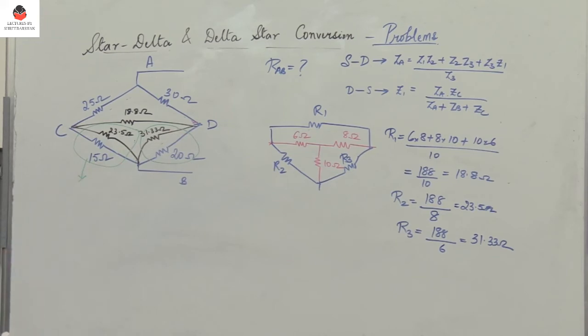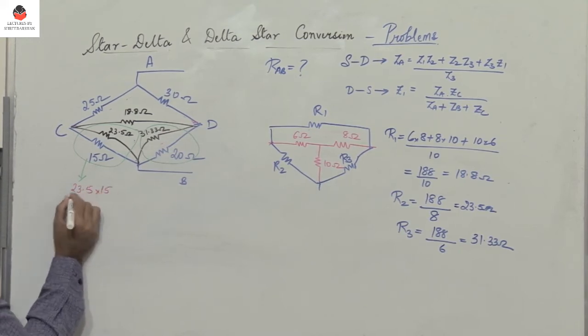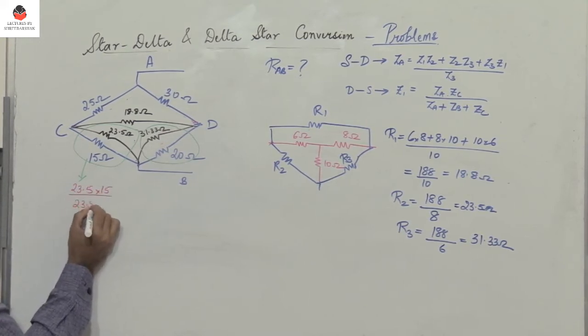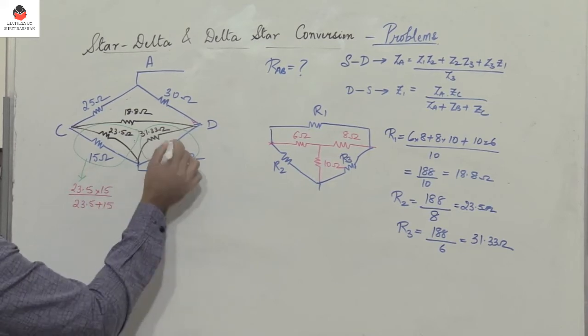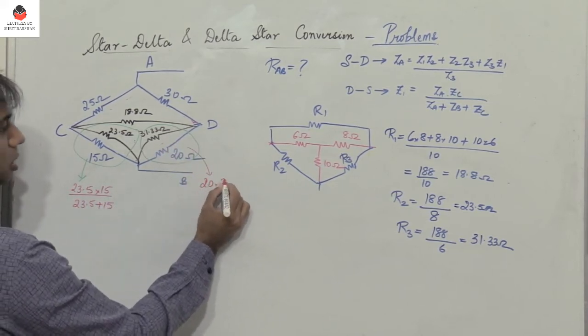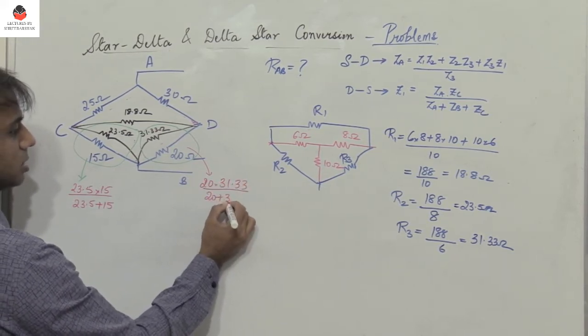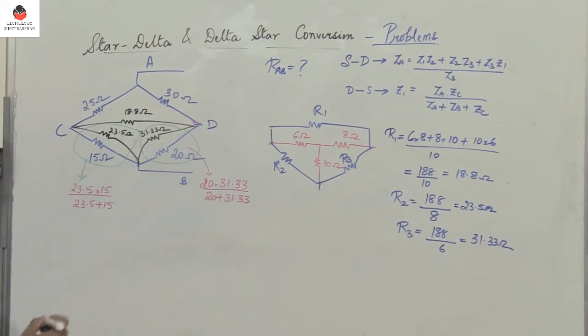So what is the parallel resistance here? The parallel resistance is 23.5 into 15 divided by 23.5 plus 15, and the parallel resistance here is 20 into 31.33 divided by 20 plus 31.33, right? So what is the answer?